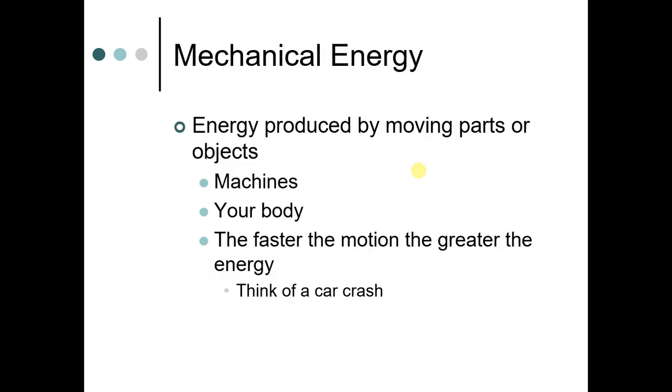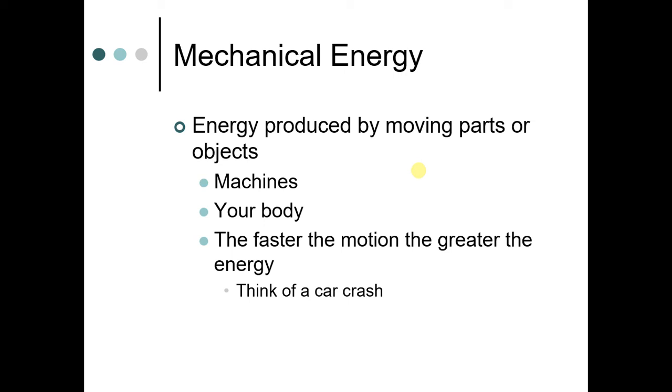And then lastly, for kinetic energies, there's mechanical energy, which is energy produced by moving parts or moving objects. So like machines or your body, the faster the motion in mechanical energy, the greater the energy, just like kinetic energy in general.